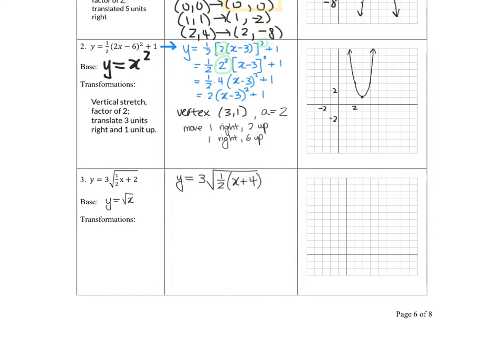Okay, and that way, when I get back to stating my transformations, I'll be able to say that this has been vertically stretched by a factor of 3, and it's also been horizontally stretched by a factor of 2.